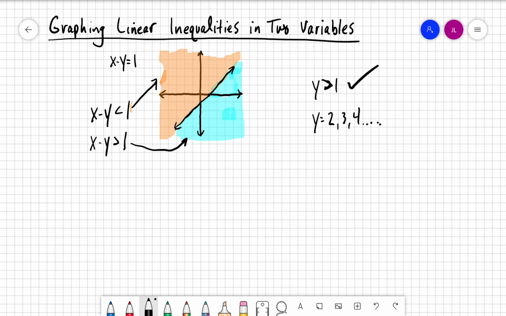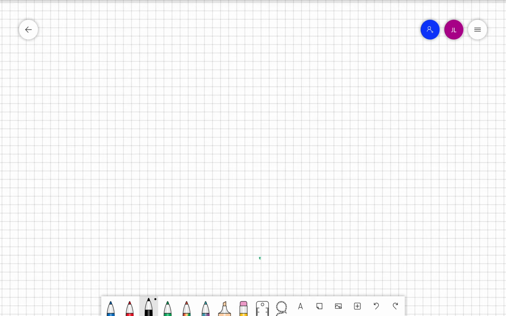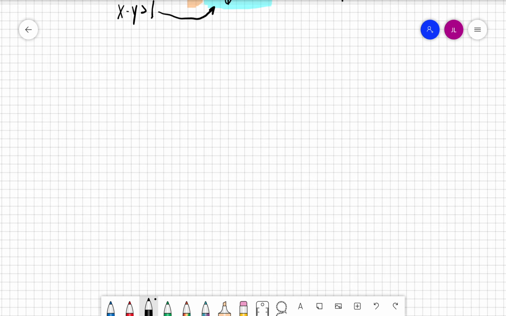Now, what does this mean for us? When we want to graph a linear inequality in two variables, we want to think of it, in an example where we have x minus y is greater than 1, as x minus y is equal to 1.